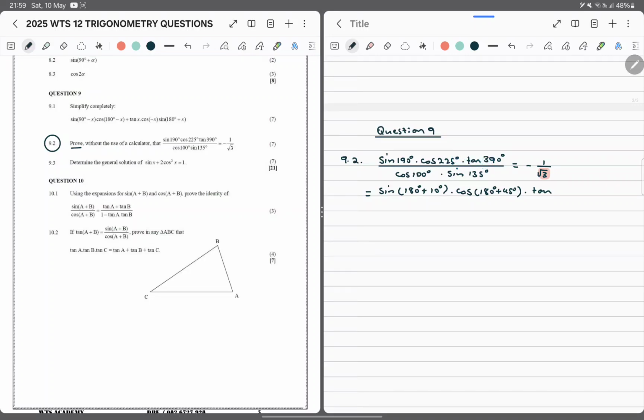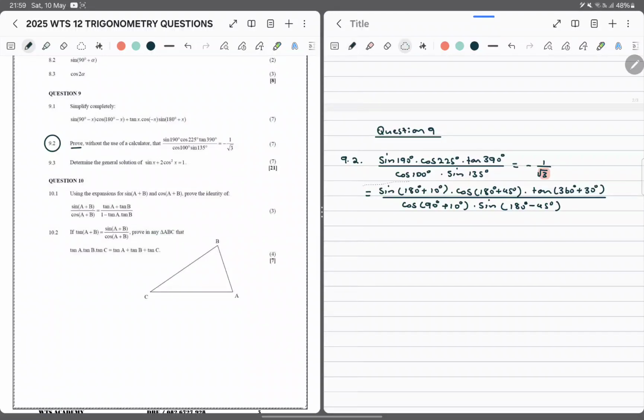What is this? 390 is 360 degrees plus 30 degrees. Nice and easy. All this is divided by cos of 90 degrees plus 10 degrees because we want to get that out, times sine 180 degrees minus 45 degrees.